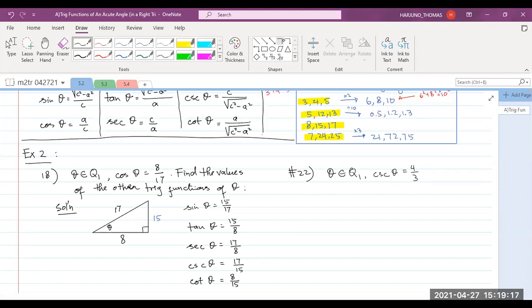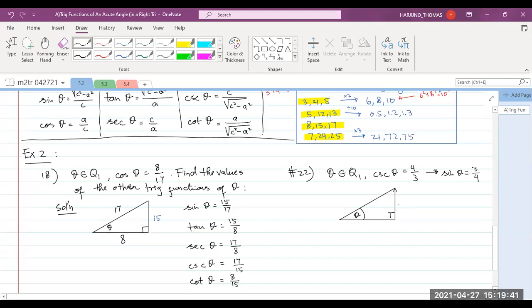As long as it is a right triangle, as long as the angle is an acute angle, you can always draw the right triangle corresponding to that situation. Cosecant theta is 4 over 3, which means sine theta is 3 over 4.